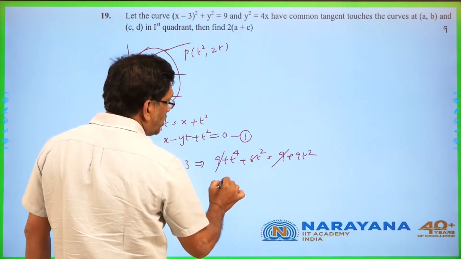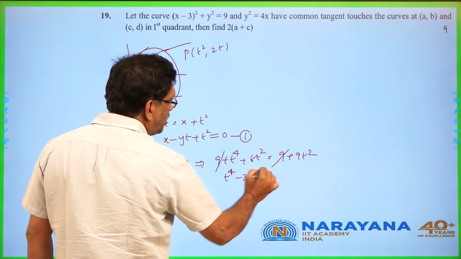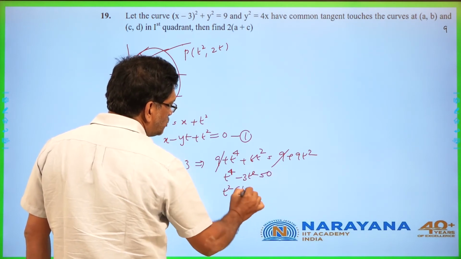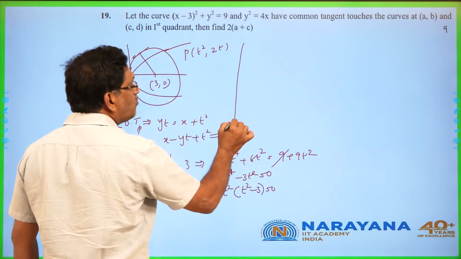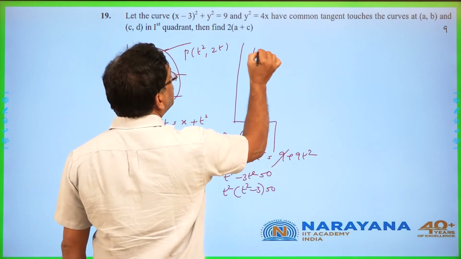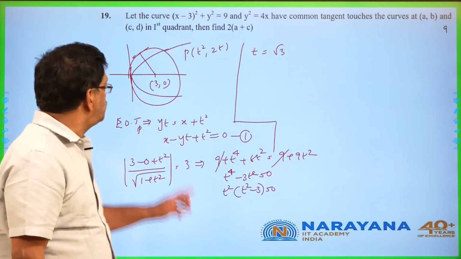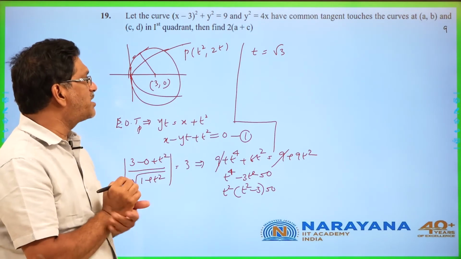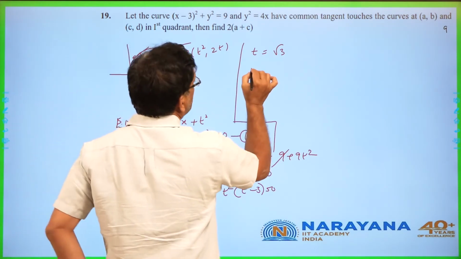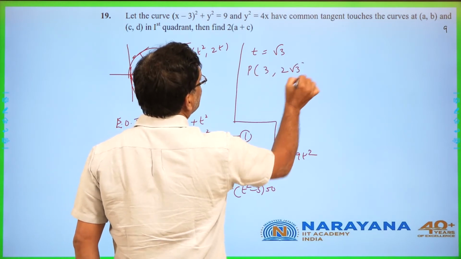So we can write it as t power 4 minus 3 t square equal to 0. From this we will get t equal to root 3, of course 0. Since he has given the first quadrant, I am taking plus root 3. So with that you will get P. P is (3, 2 root 3).